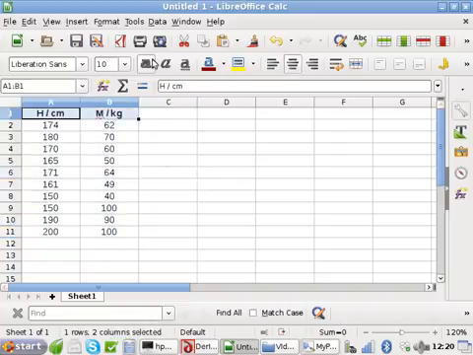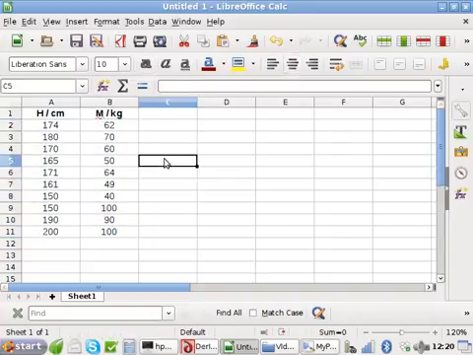Now, which one you put on the X and which one you put on the Y depends on the question. So, if you have something like height and mass, for example, height and weight, which do you think is more useful on the X and more useful on the Y?